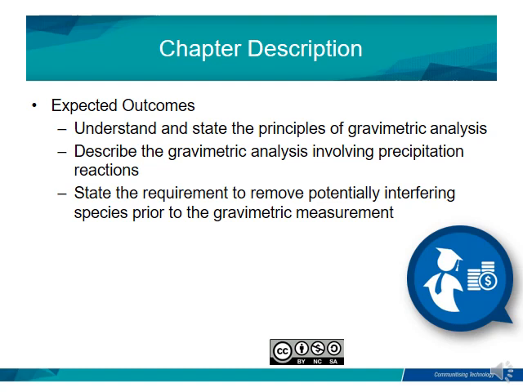And the third one is to state the requirements to remove potentially interfering species prior to the gravimetric measurement. When we talk about precipitation reaction, we are talking about the formation of a precipitate after mixture of chemicals occurred.